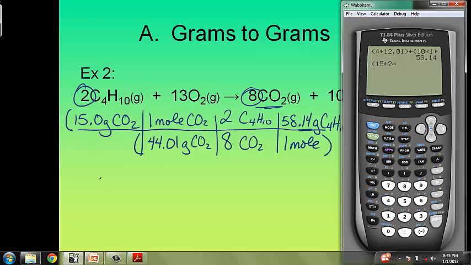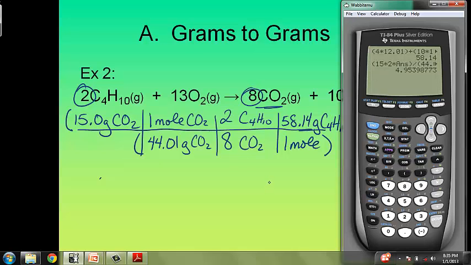I'm going to skip the 1 because that's just obvious. Then I do second answer, and that's my 58.14. The reason I'm using answer is that it takes 4 clicks for 58.14, but only once to do answer. Close the parentheses, divided by, open my parentheses back up again, 44.01 times 8, and hit enter.